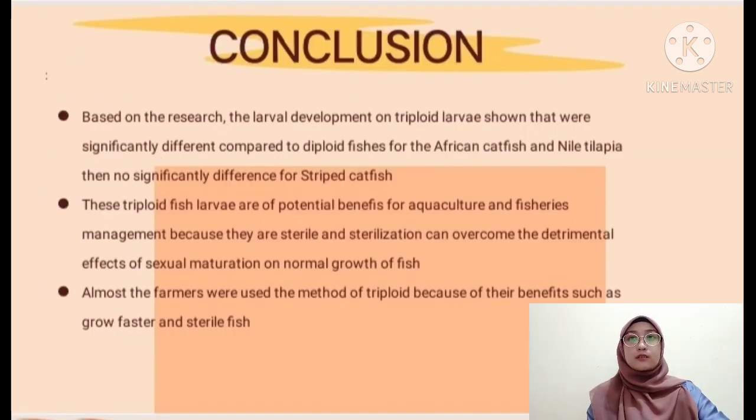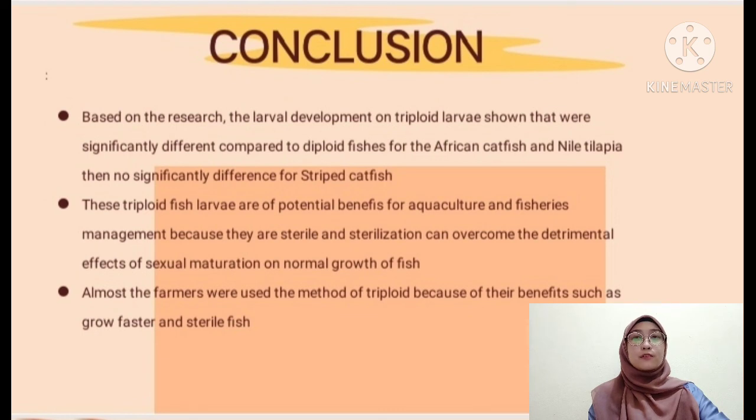For conclusion, based on the research, the larval development on triploid larvae shown that were significantly different compared to diploid fishes for the African catfish and Nile tilapia, then no significant difference for striped catfish.